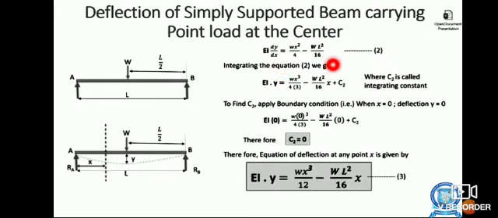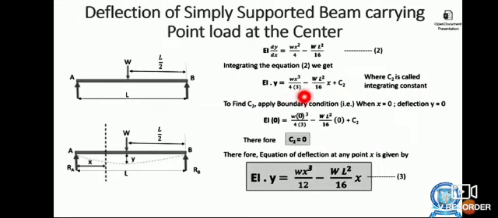So integrating equation 2, EI y is equal to Wx cube divided by 4 into 3 minus WL square divided by 16 x plus C2, where C2 is called the integrating constant.